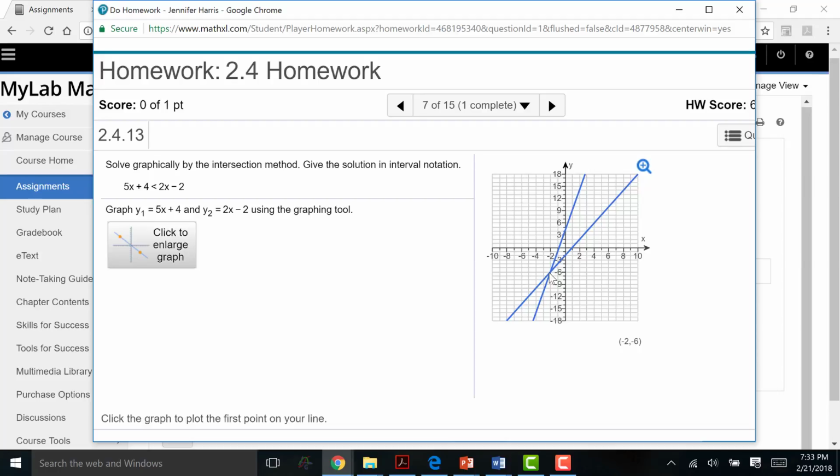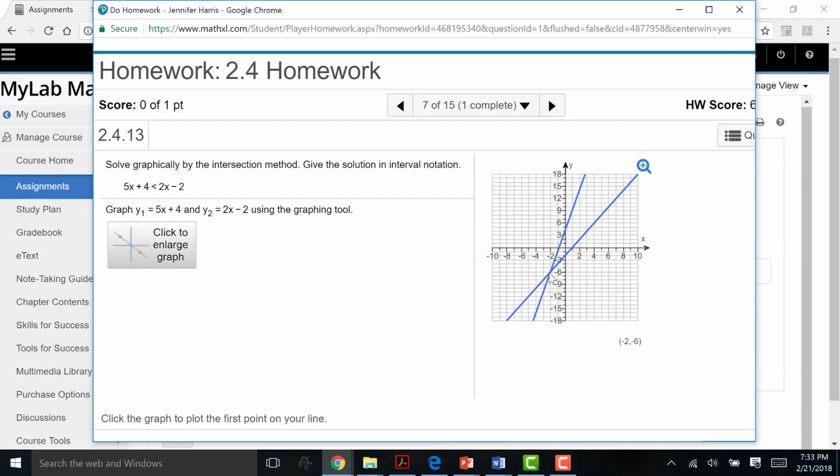Minus 4 from both sides. That cancels out. I end up with 3x is less than -6. Does that look right? Alrighty. Divide both sides by 3. So x is less than -2.